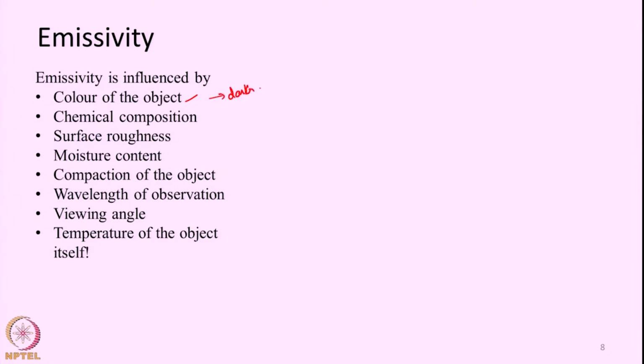Darker objects typically have higher emissivity, chemical composition, the chemical nature of the object, surface roughness, like how rough or how smooth the surface is, moisture content, compaction of the object, wavelength of observation. This is important because that is why we repeatedly call emissivity as spectral emissivity.